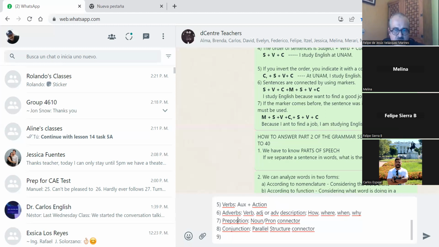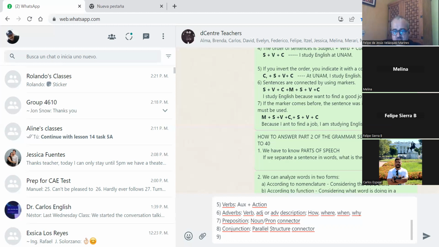A preposition is like a little person, and a conjunction is like a fully grown person. A preposition is like Snow White and the Seven Dwarfs, because they only connect a word, for example with you, at that place, and conjunctions connect complete sentences, for example, because I like it, and although she didn't know it.